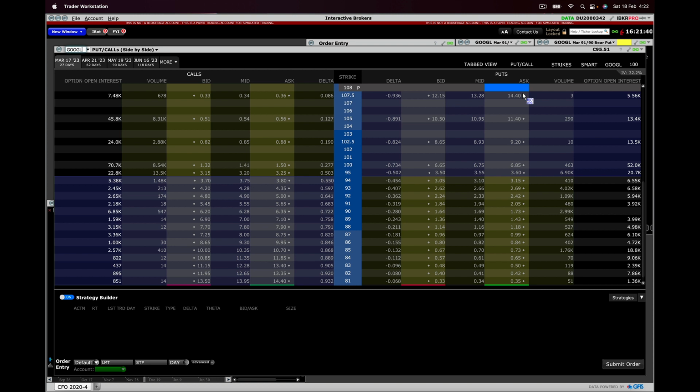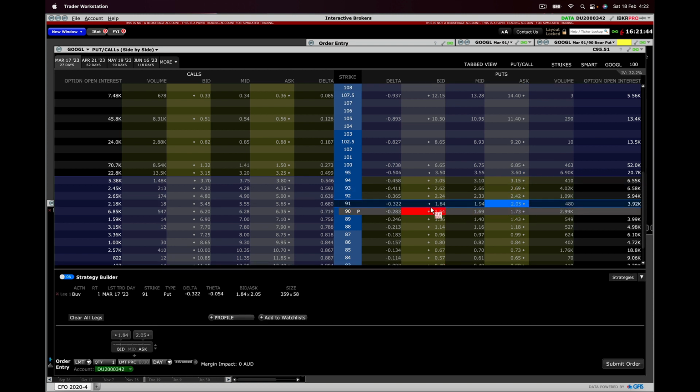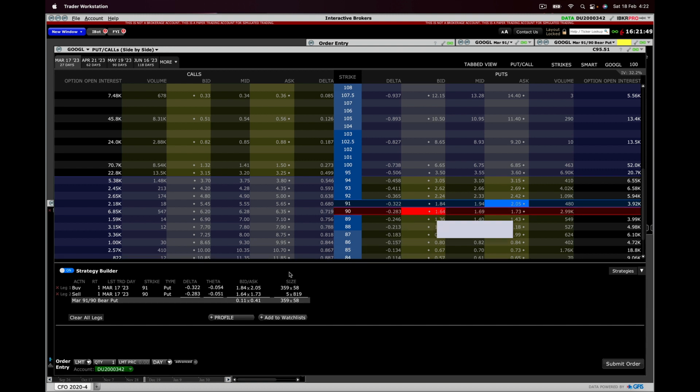Okay, so the ask, you click on the ask at 91, and you click on the bid at 90, right? So what's the goal here of this trade, or the aim? Well, the goal of the trade is for the stock to move from $94.35, where it is now, to below $90 come the 17th of March, 27 days from now.